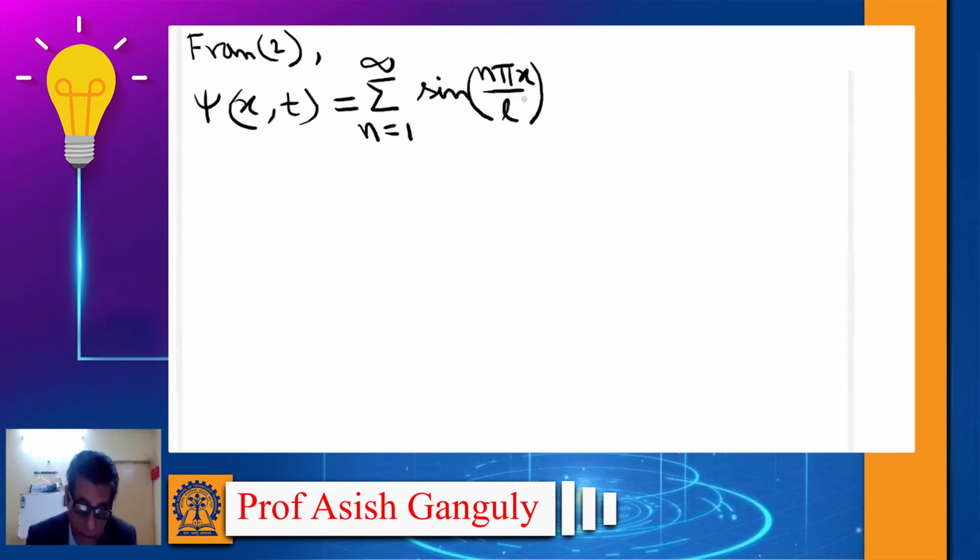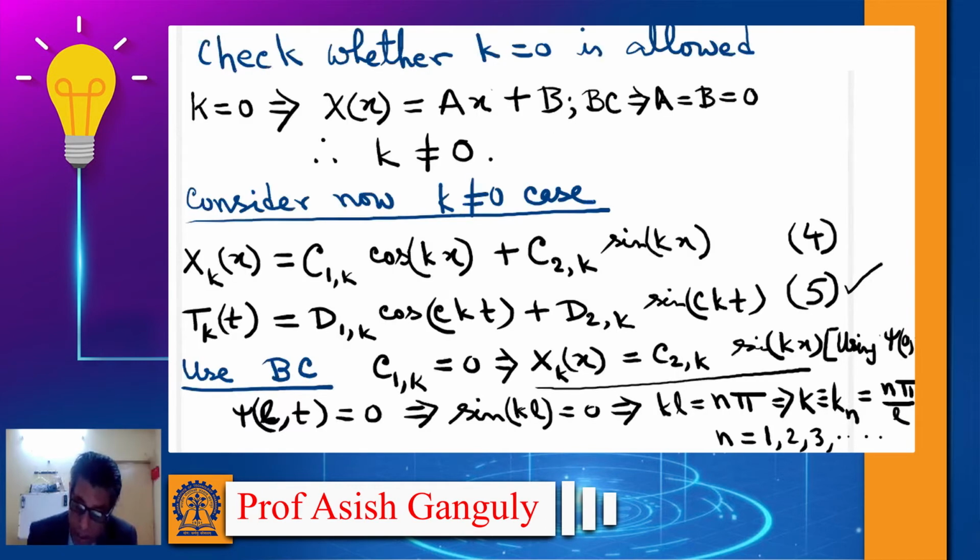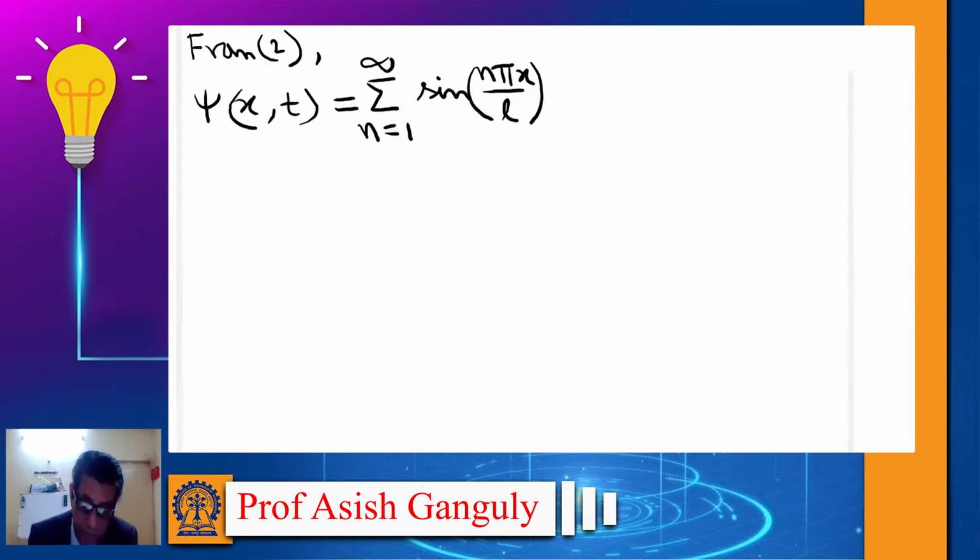If you understand this one, the argument was kx, and k is now n pi by L. So it is now sine n pi x by L, and then you have capital An cos n pi c by L times t.